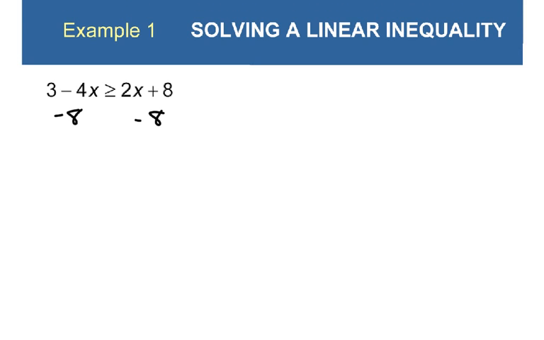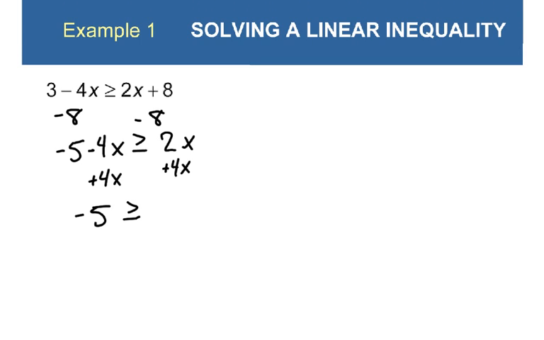And when we do that, we get negative 5 minus 4x less than or equal to 2x. And then now I'm going to say let's add this 4x to both sides. And we get negative 5 is less than or equal to 6x.